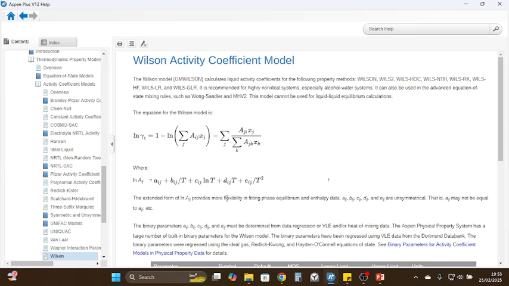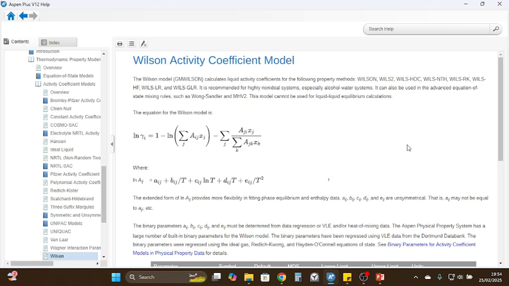Now, if you see this particular line over here, the data Aij, Bij, Cij, Dij, and Eij are unsymmetrical, which signifies that these are not equal to each other. That is, Aij will not be equal to Aji.